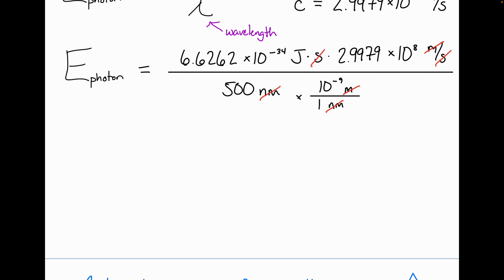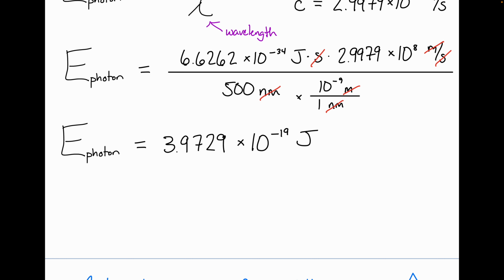All right, so if we punch this into our calculator, we get 3.97209 times 10 to the negative 19 joules. Is that a big number or a little number? It's a super tiny number, right?